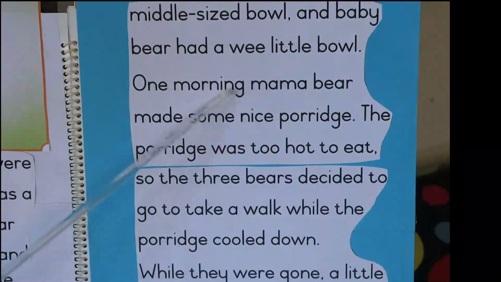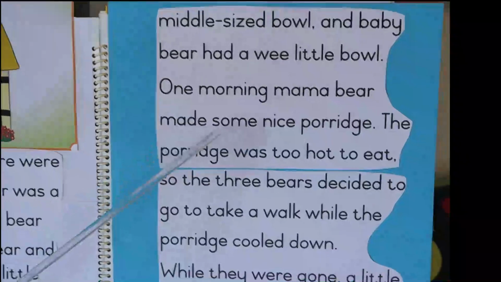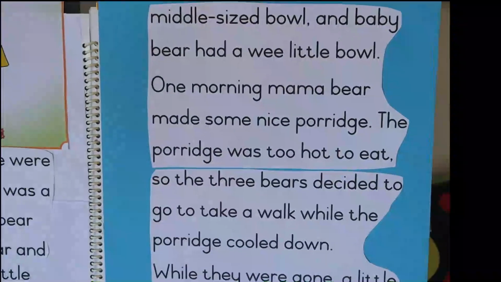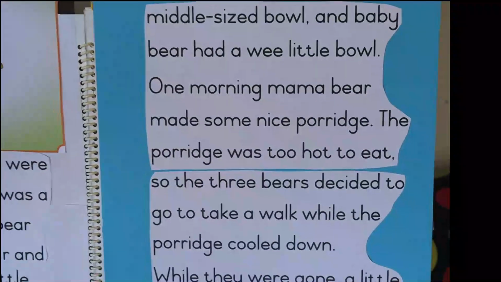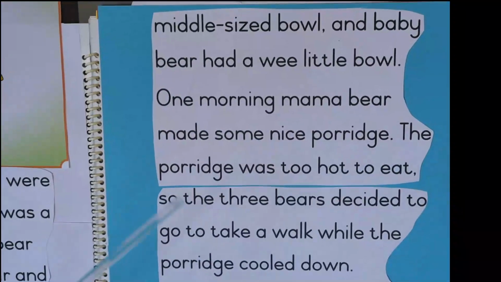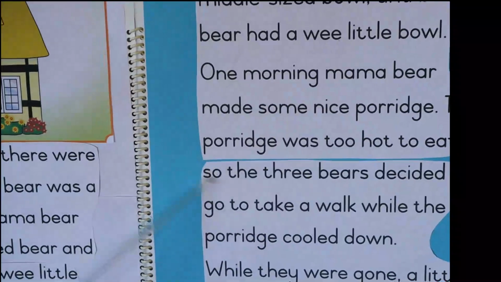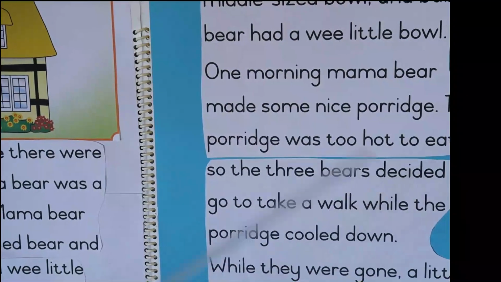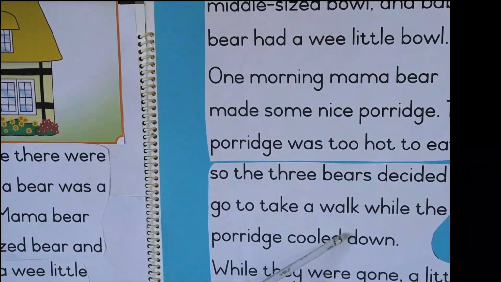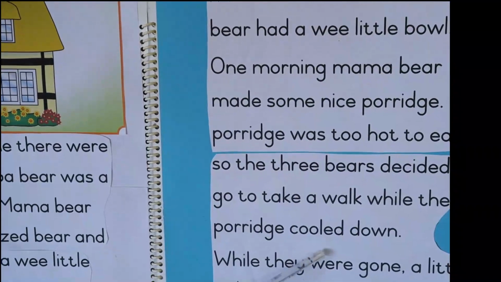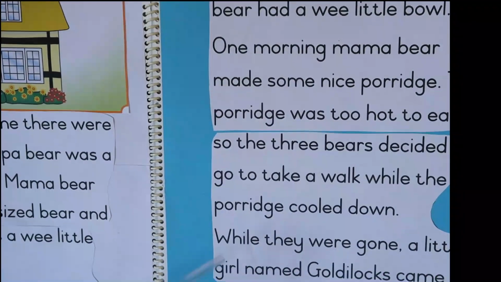One morning, Mama Bear made some nice porridge, and this is where you can join me if you feel comfortable, okay? The porridge was too hot to eat, so the 3 bears decided to go take a walk while the porridge cooled down.